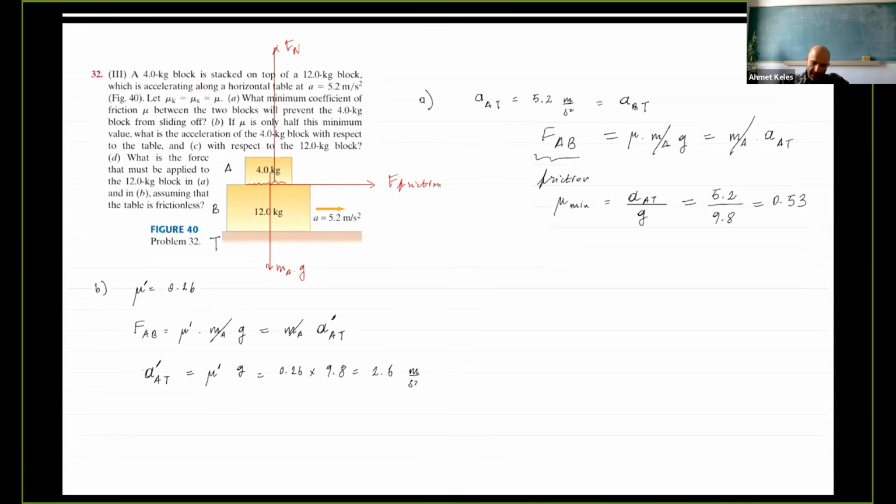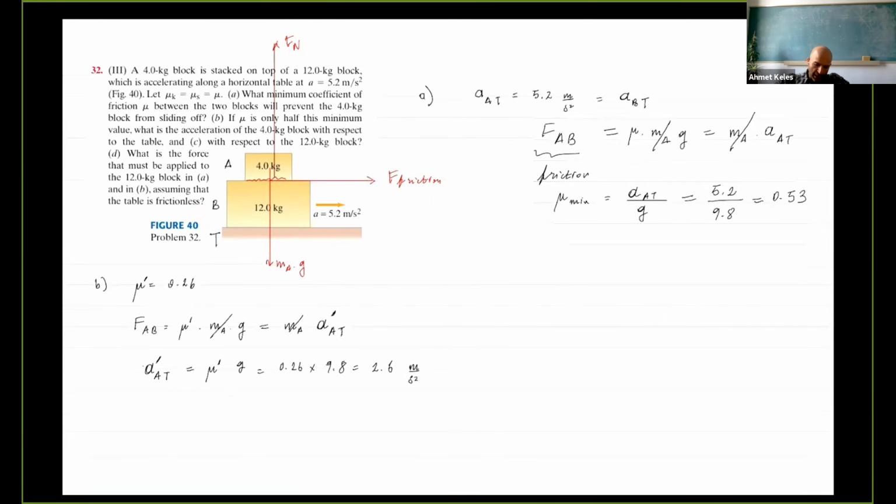Because the problem says if mu is only half this minimum value, and we found the minimum value to be 0.53, half of 0.53, I took approximately 0.26. Is that clear? Does this make sense?